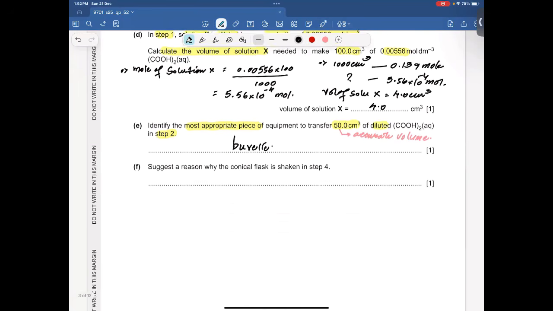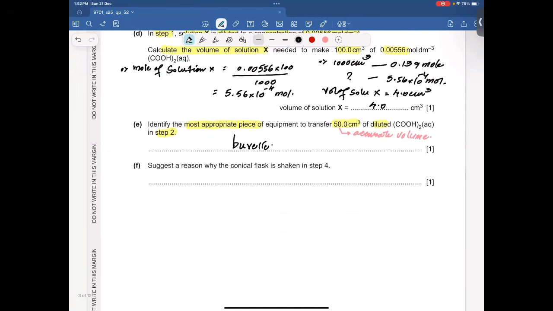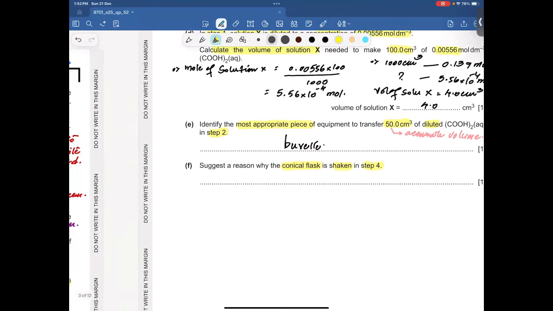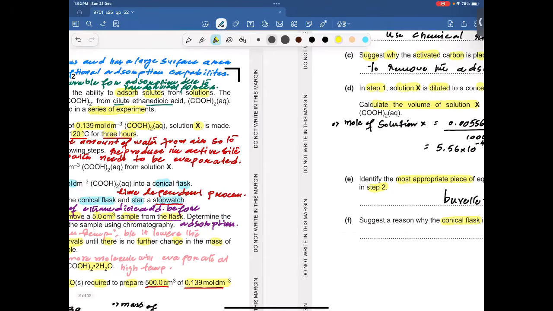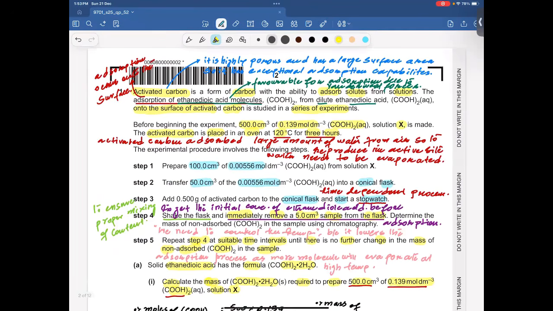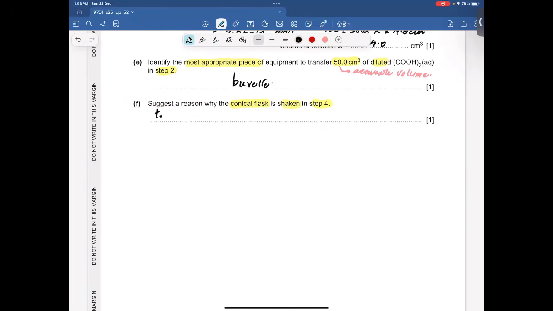Suggest a reason why conical flask is shaken in step 4. Conical flask was shaken just to ensure the proper mixing of the content.